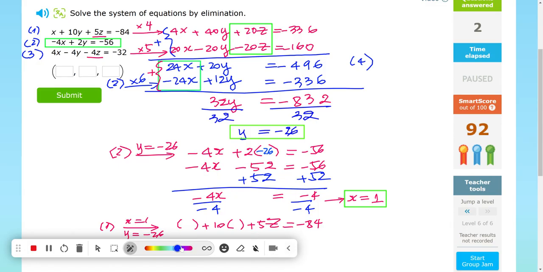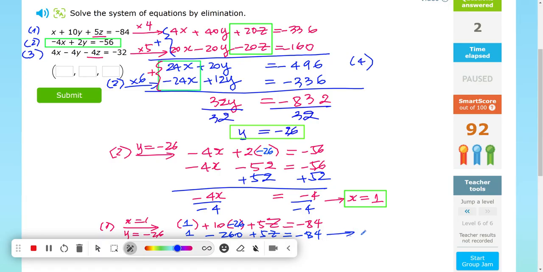So substitute it in. x equal number 1, y equal negative 26. I come out with number 1 right here, and this one negative 260, and plus 5z equal negative 84.